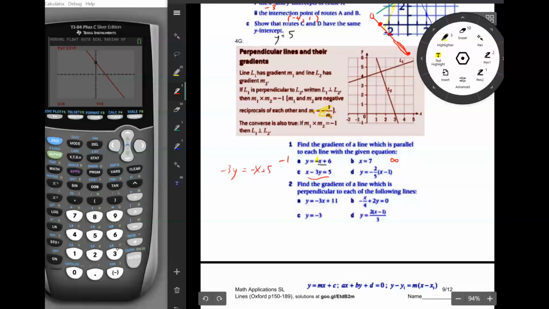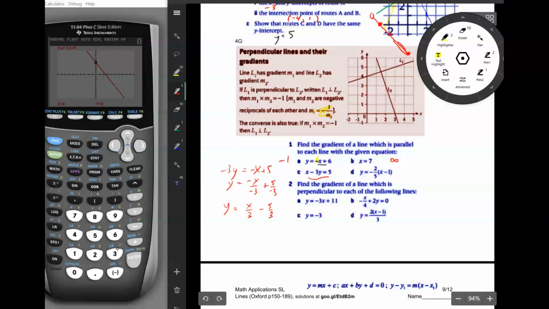Negative 3y stays on the left, and we get minus x plus 5. Then we're going to divide both sides by negative 3, and then we'll get y equals negative x divided by negative 3, plus 5 divided by negative 3. And if we simplify that, it will be y equals x divided by 3 minus 5/3.